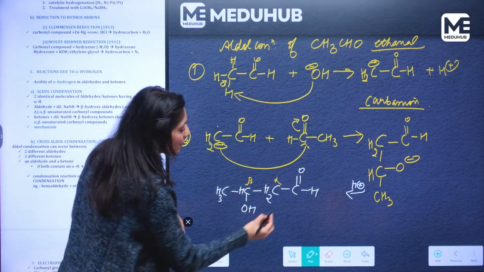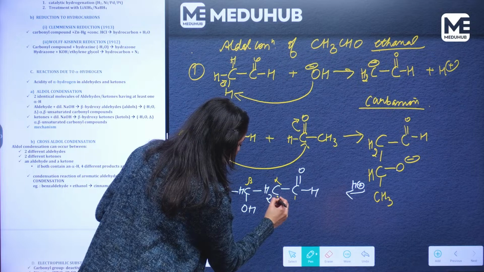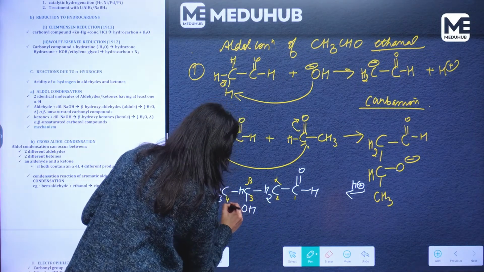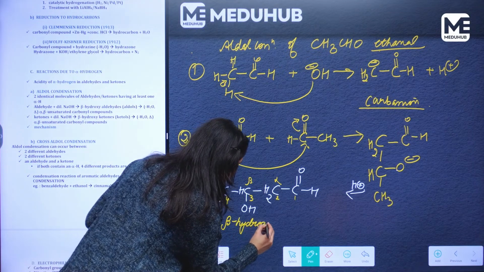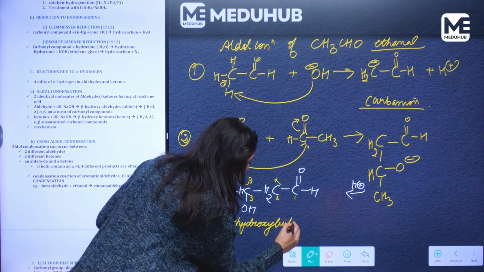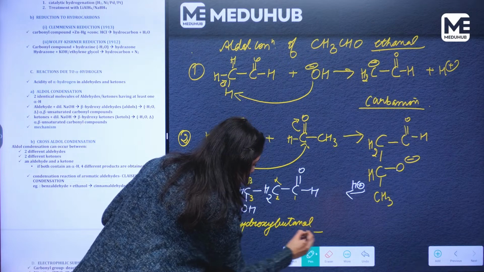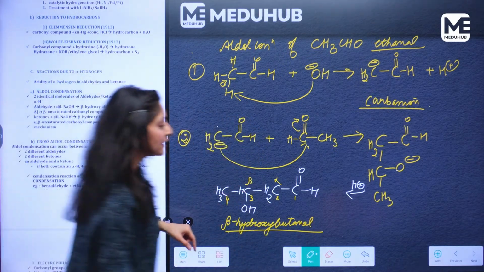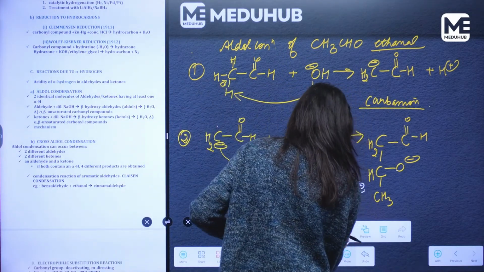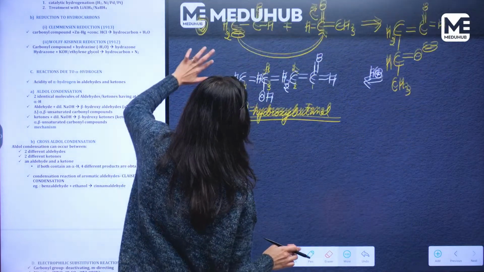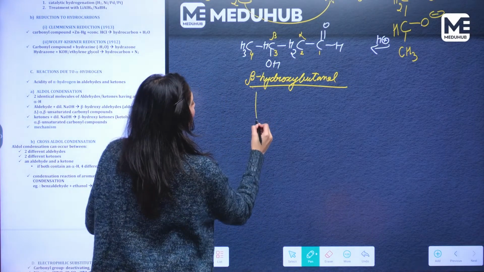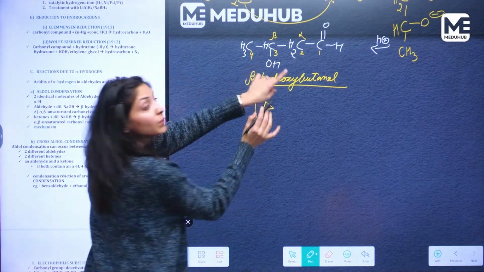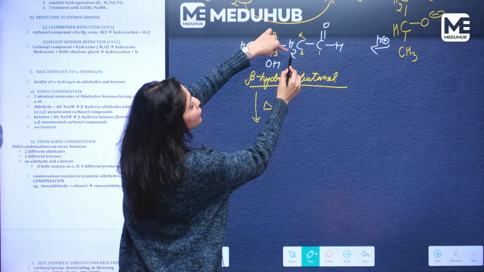If you have to name it, you will number the carbons 1, 2, 3, 4. So this will be beta hydroxy butanal. This beta hydroxybutanal, upon heating, if we heat it, it will lose an alpha hydrogen from here.